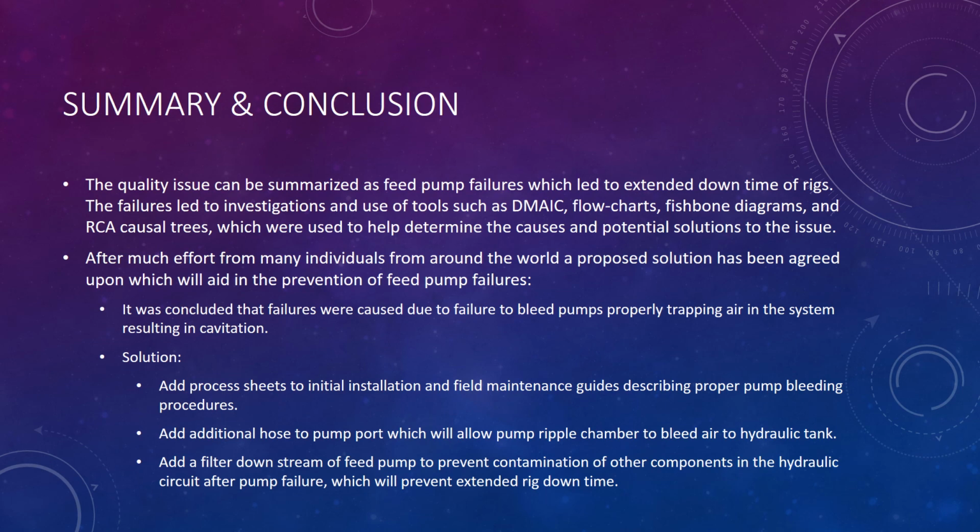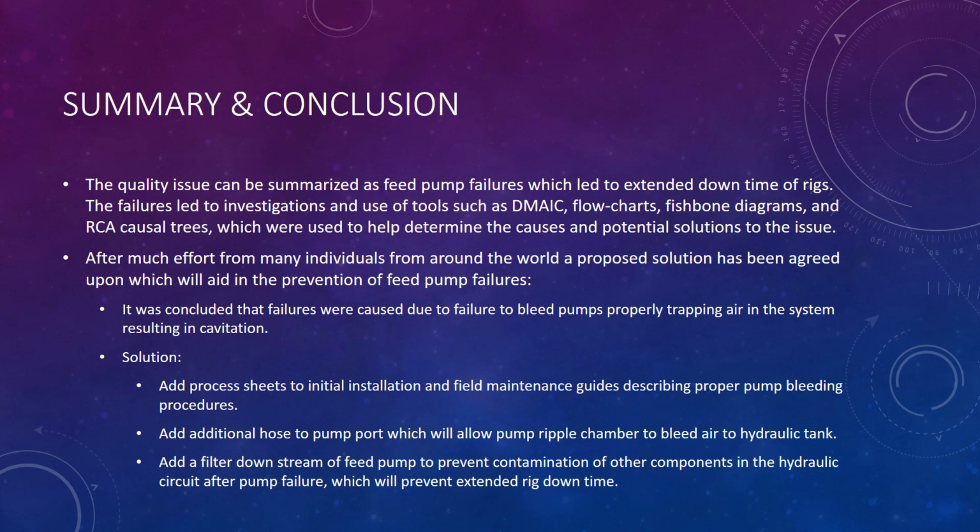Our solution is actually in the process of being implemented right now. We are adding process sheets to our internal manufacturing process so that the pumps will be in working condition before they leave our facility. We're also going to implement the same type of process sheet to send out to the field, and that'll be included in our operations manuals.